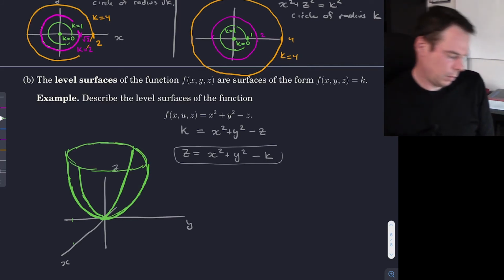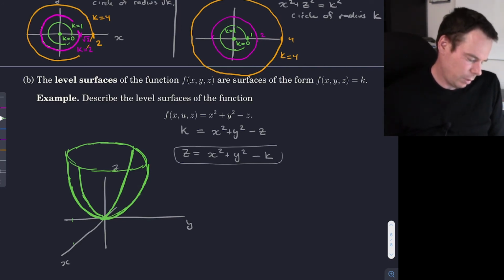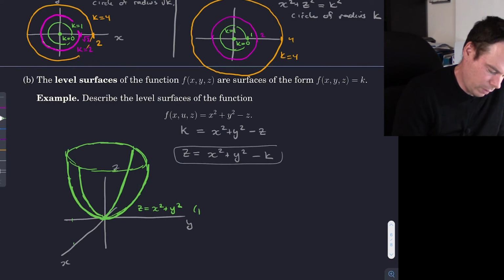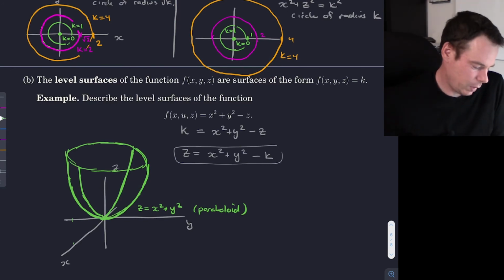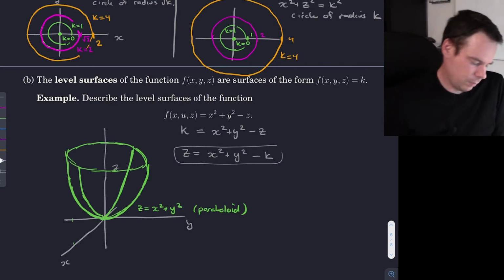There we go. Maybe that's probably a better look to it. So it's kind of this bowl-shaped thing opening up. That's our z equals x squared plus y squared. This is known as a paraboloid, and we will come back and look at these and their sketches in 12.6. But for right now, we're just getting a feel for how these apply in this situation.